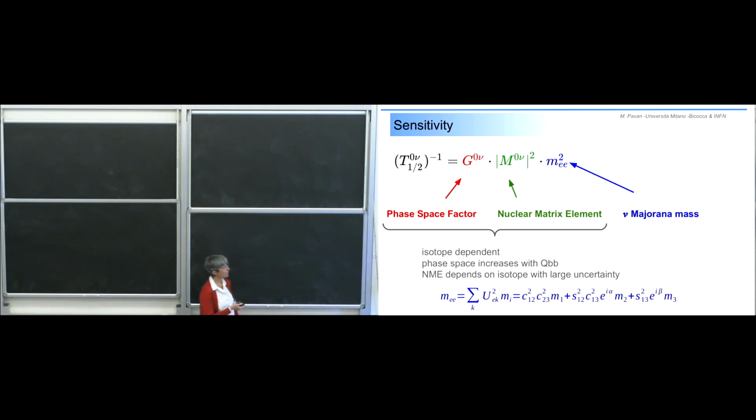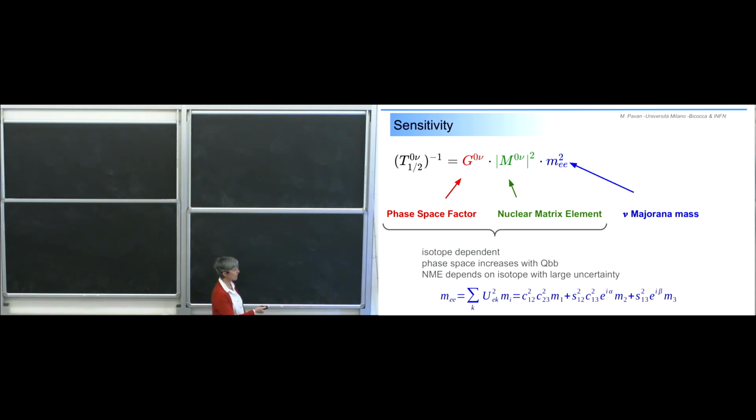From the theoretical point of view, we have a connection between the half-life for the neutrinoless transition, but also for the 2 neutrino for sure, with, in the case of the neutrinoless transition, a parameter that we call Majorana mass, that is expressed here as a sum over the three mass eigenstates, the ones that Claudia introduced this morning.